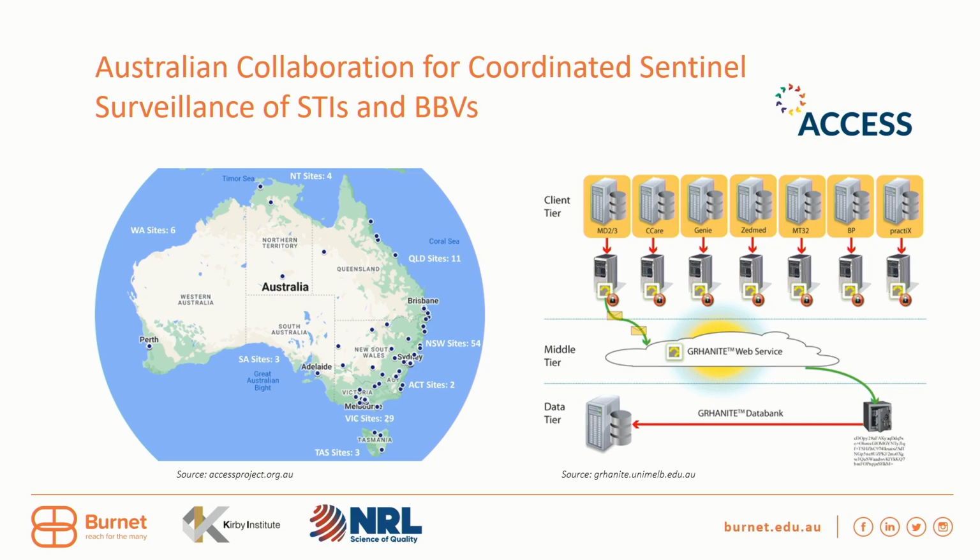The clinics participating in Access conduct high rates of testing and treatment relative to their location, and so they tend to represent the populations that need BBV and STI services the most.